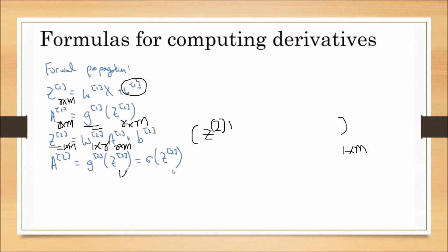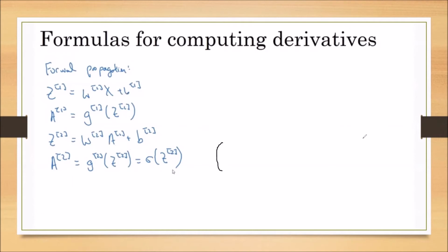The matrix size of Z2 is 1 by M. Remember, when we apply G of Z2, if it is the output layer, definitely we should apply the sigmoid function. The sigmoid of Z2, in the final layer, gives us the capital A2 as a 1 by M matrix.